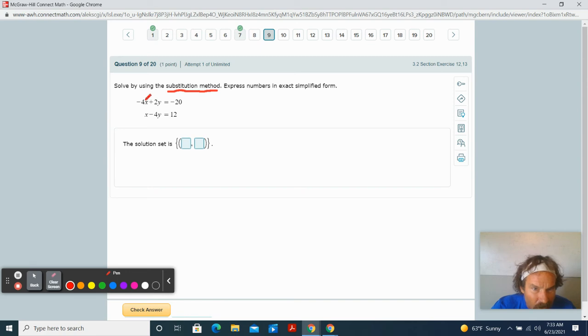Well, let's see. What variable would be easier to solve for? X or Y? The variable by itself is easier to solve for. So in this equation, x minus 4y equals 12, I'm going to simply add 4y to both sides, and make this 12 plus 4y.